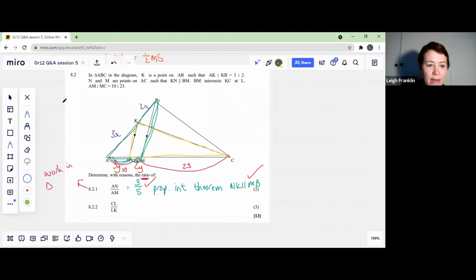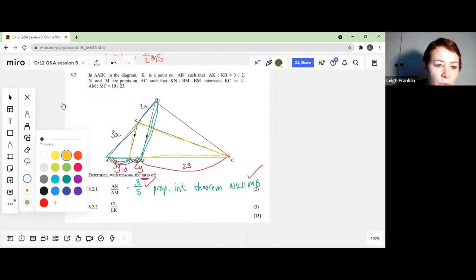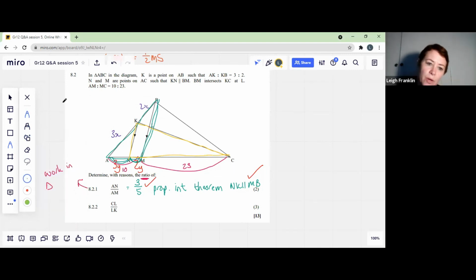Here, I never finished that little bit off. Hang on. Here they wanted you to work in triangle AMB. In this question, they want you to work in triangle CKN.